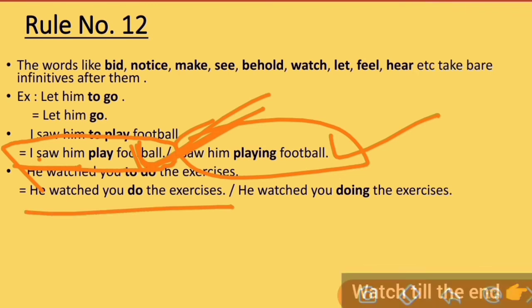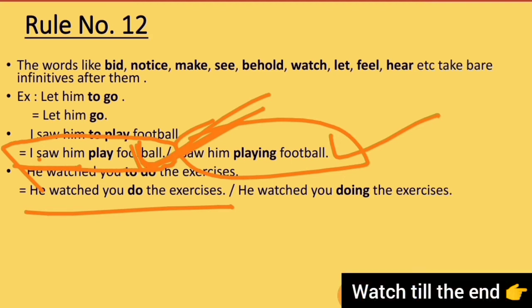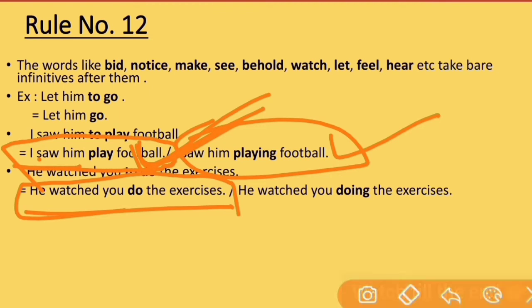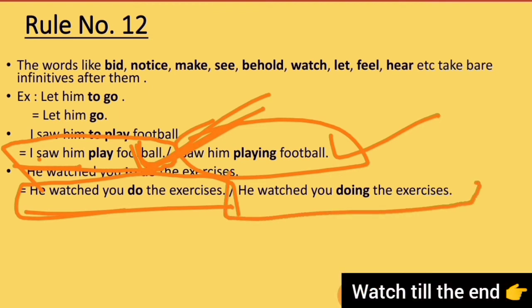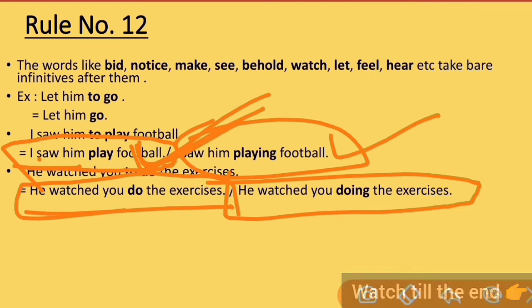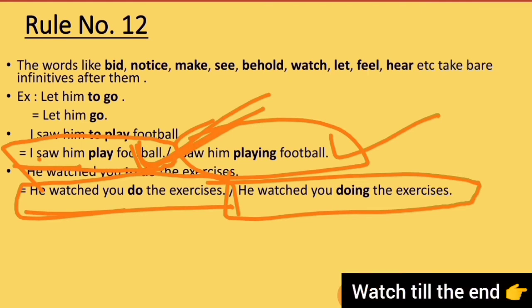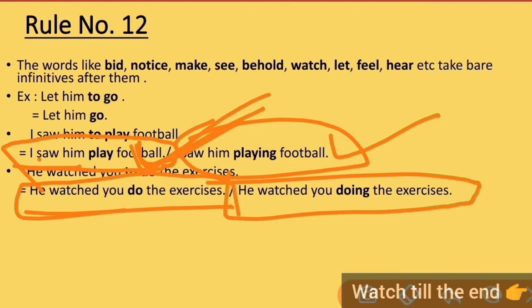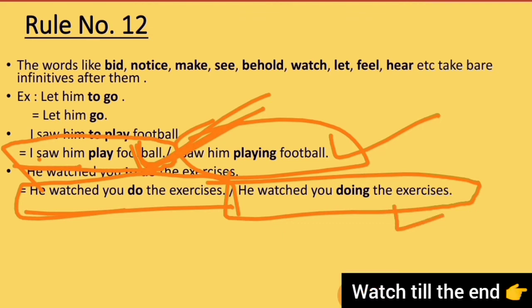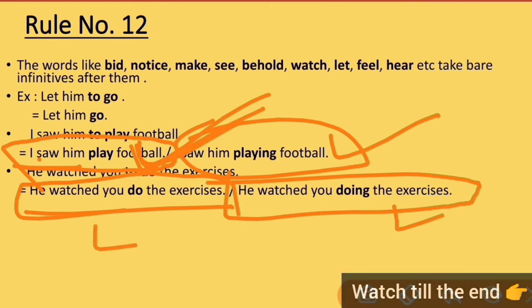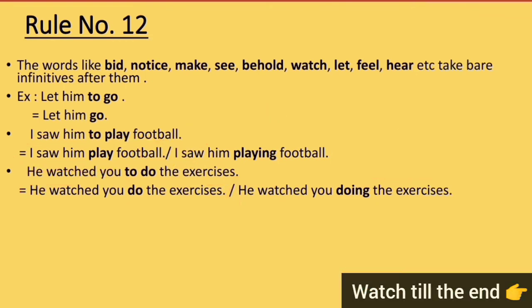Here, he watched you do the exercise means he watched you doing the full exercise. But here, he watched you doing the exercise means he watched a part of it. He watched when you were exercising, he saw a part of it. Okay, but the other is full. Hope you can understand.